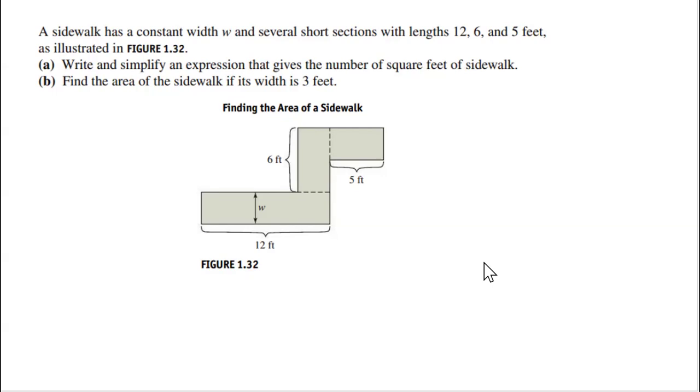So in this case, this here is my width. We know that to find the area of a rectangle or square or anything like that, it's base times height, or length times width.